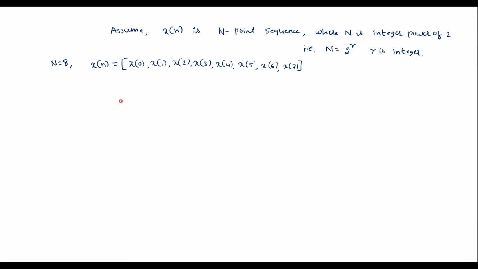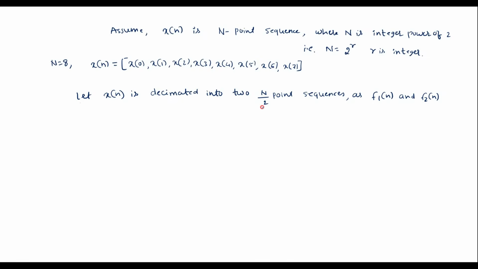So now the x of n sequence is decimated into two n by 2 point sequences, say f1 of n and f2 of n.